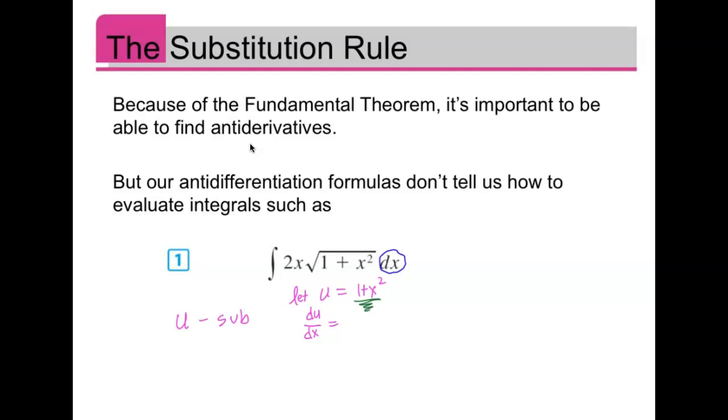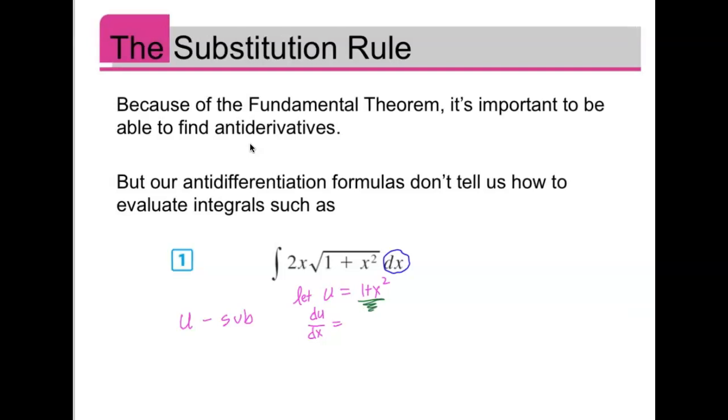It's 2x. Now I'm going to separate this Leibniz notation. I'm going to treat the numerator and denominator as a numerator and denominator. I'm going to multiply by dx on both sides. So that gets me du equals 2x dx.